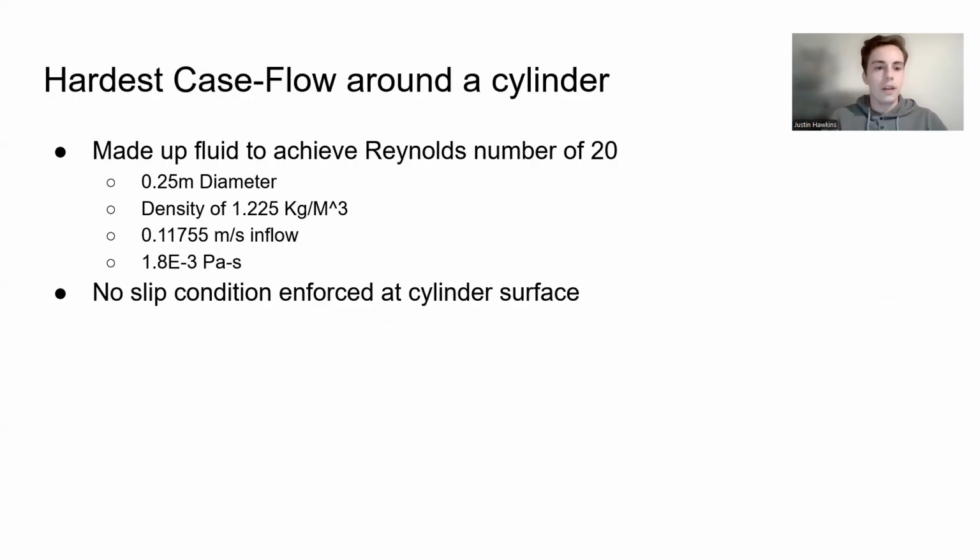The boundary conditions I enforced were at the surface of the cylinder, where the no slip condition is in effect. That's a common fluid condition, meaning at a wall or at an object, directly on that wall, the fluid does not flow.